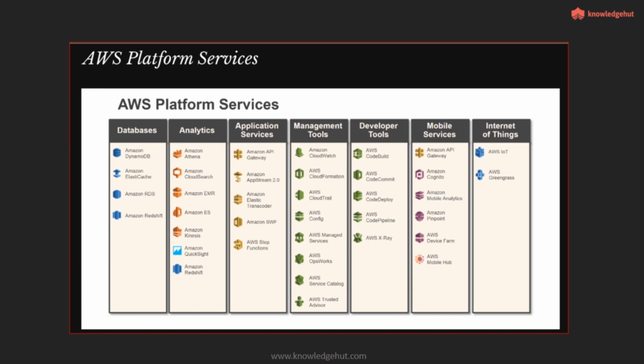So you have these services where you can do analytics, application services, management tools, because this is a big platform in itself.